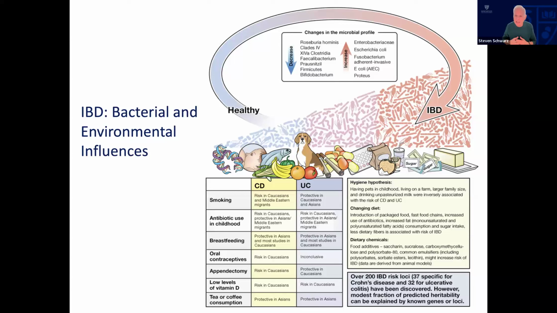Now, we've talked about the hygiene hypothesis in allergy. Well, there's also a hygiene hypothesis in IBD. Having pets in childhood, living on a farm, having a large family size, drinking unpasteurized milk seem to be inversely associated with the risk of Crohn's disease and ulcerative colitis. Why is that true?